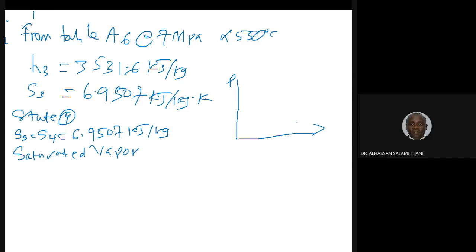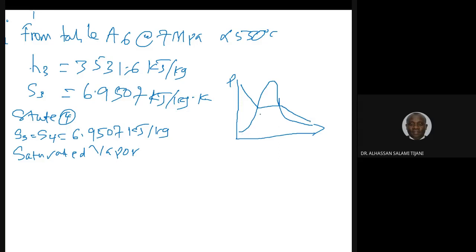So we are looking for the pressure. Yes, so this is our constant temperature line.